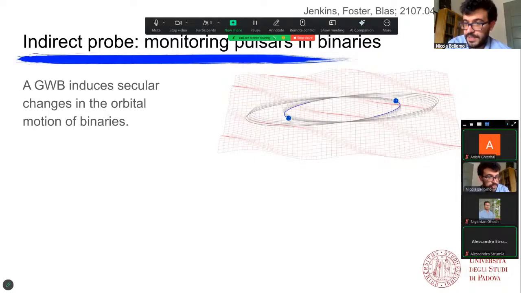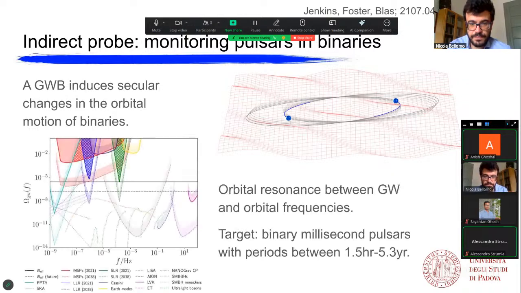Pulsars in this respect are extremely useful because we can time them extremely precisely. Thus, we can know the evolution of the orbit extremely precisely. And in particular, they found that by targeting binary millisecond pulsars with periods from hours to years, we might be able to cover the missing gap in the gravitational wave spectrum.